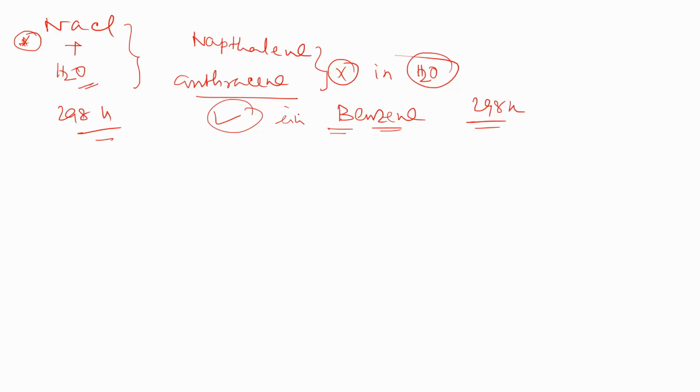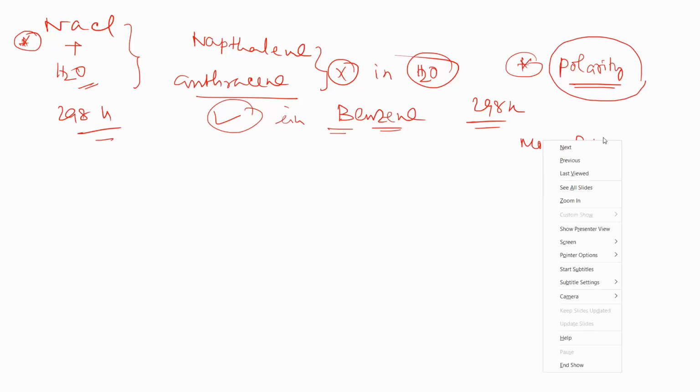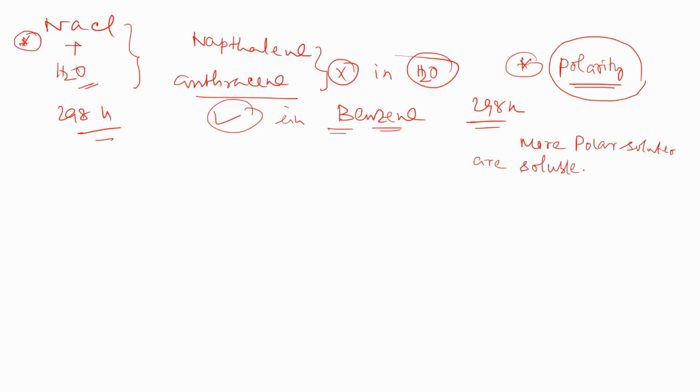When we try to dissolve it in water, it is not going to be soluble. Why? Because there is another factor, that is the polarity. It is the most important point for solubility: more polar solutes are soluble in more polar solvents.